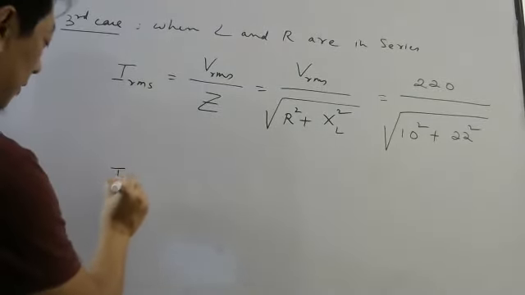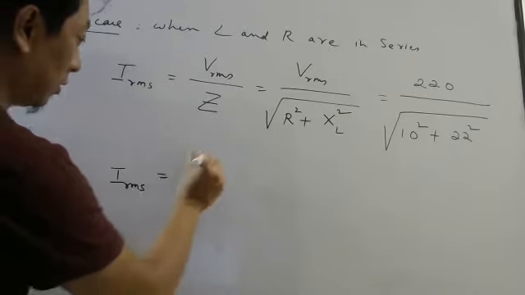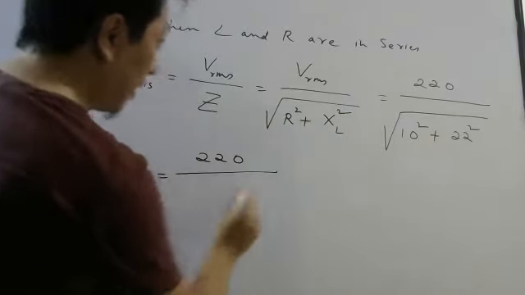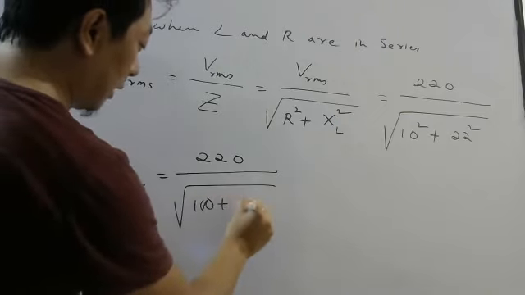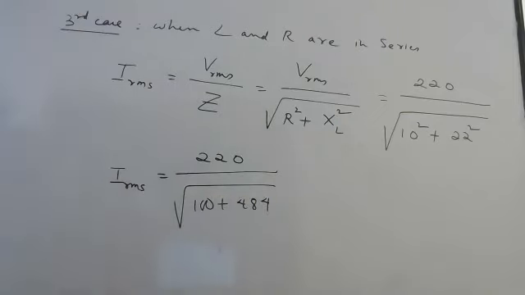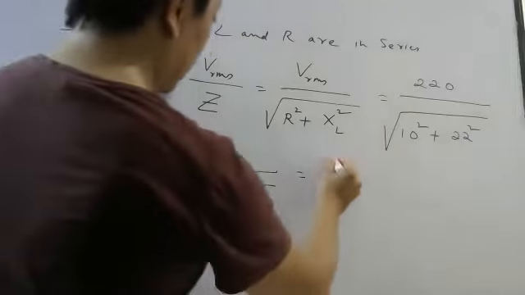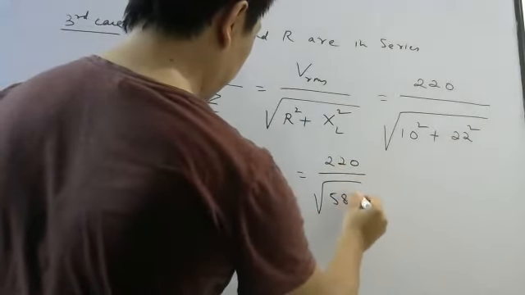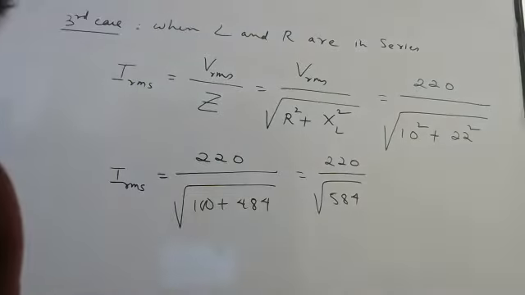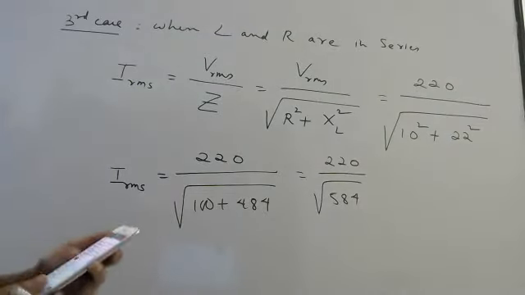So IRMS will be equal to 220 divided by root over 100 plus 484. So this will be 220 divided by root of 584. What is the square root of 584 now?